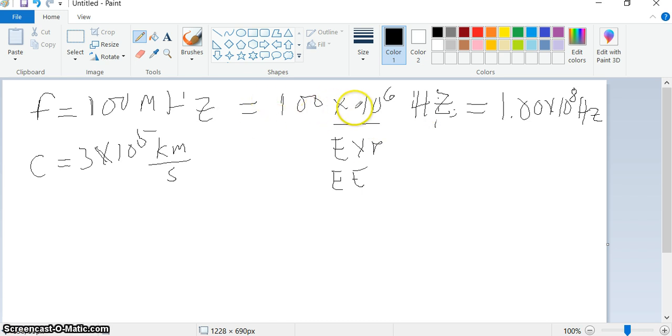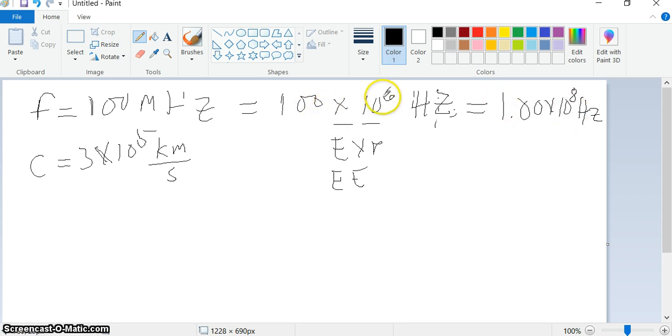Anyhow, let's change 100 times 10 to the 6th, just for the heck of it. We don't have to do this. We're going to convert that to scientific notation. So we have the 1, you put a decimal, and then if I rewrote this as 1.00, you have to take those 2 spaces into account.